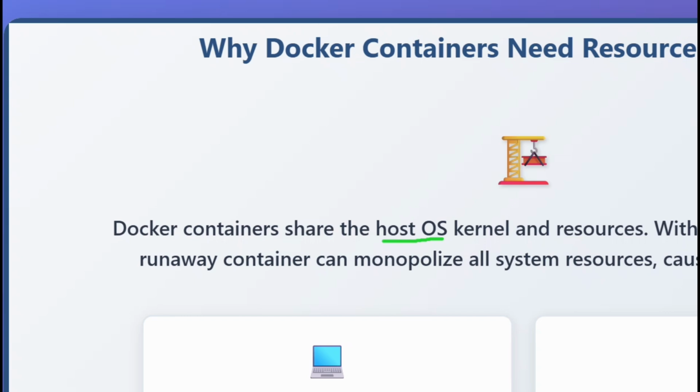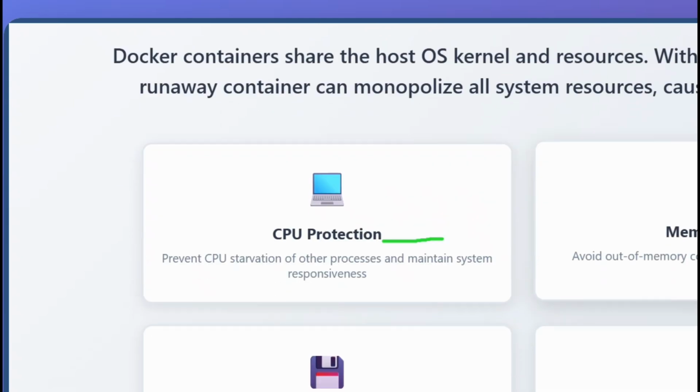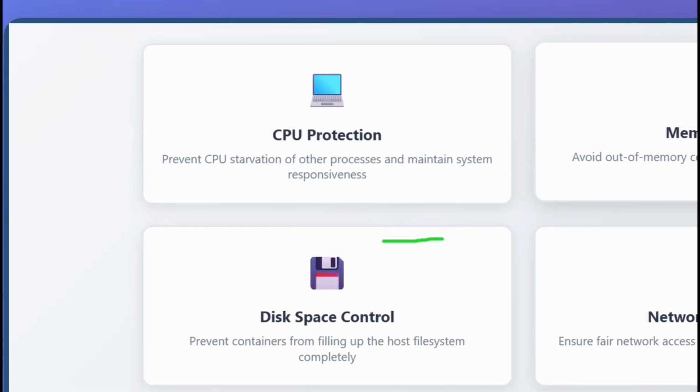Okay, let us discuss what those resources are and how they will impact. First one is CPU protection.